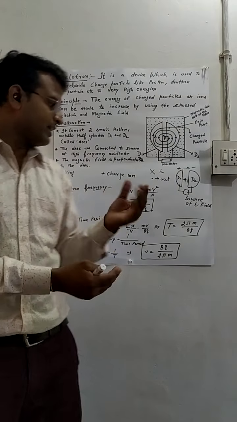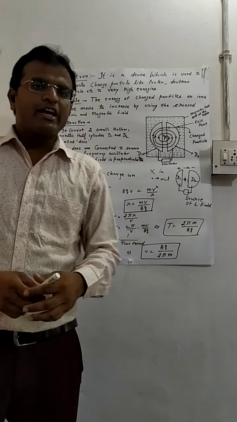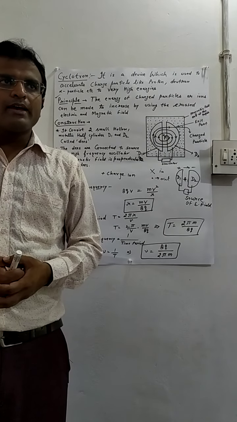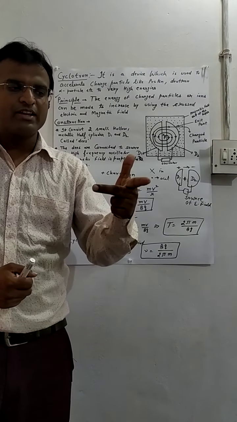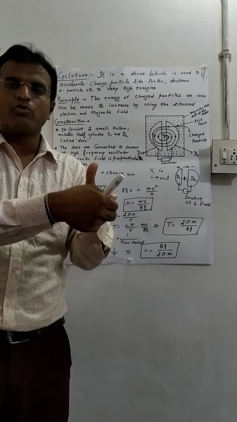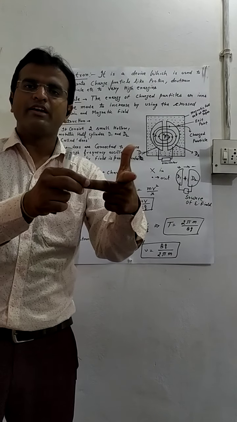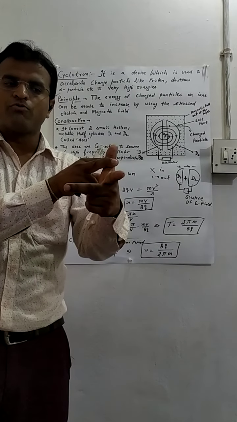The force is equal to BQV. The direction of force is calculated using Fleming's left hand rule. The first finger gives the direction of the magnetic field, the middle finger the direction of velocity of the charged particle, and the thumb gives the direction of force.